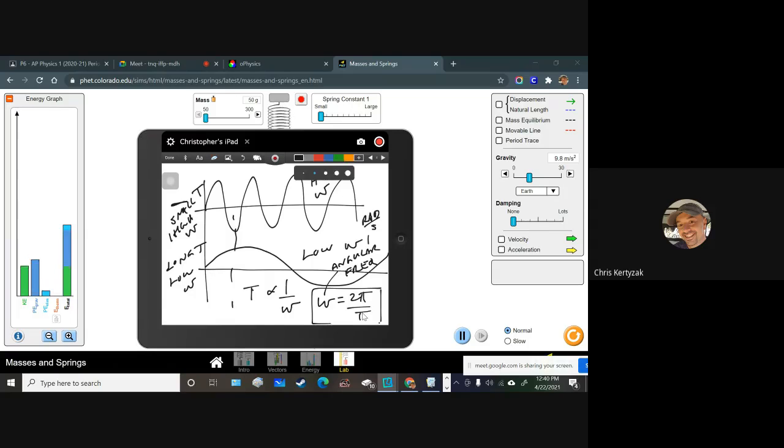That means this spot right here would be the 1 second mark, because what I'm coloring in would be 1 full cycle. And if that were the case, then omega would be 2 pi over 1, 2 pi radians per second, right? On the other hand, if the period was like 4 seconds and I put 2 pi over 4, well, that'd be pi over 2, right?